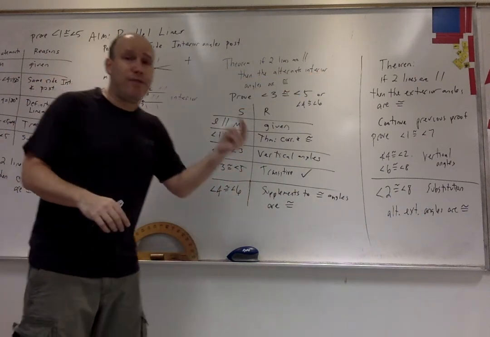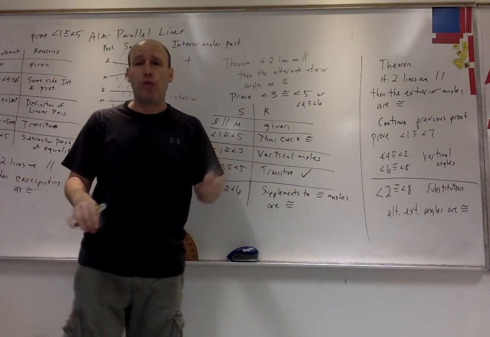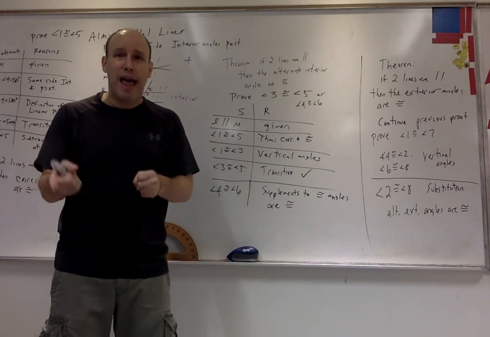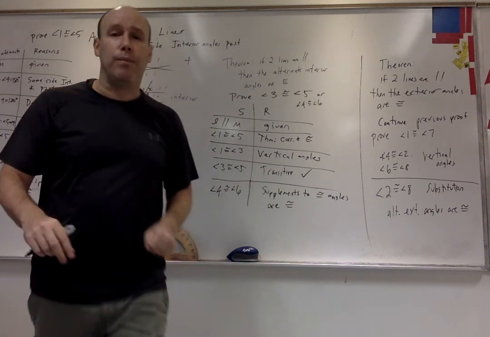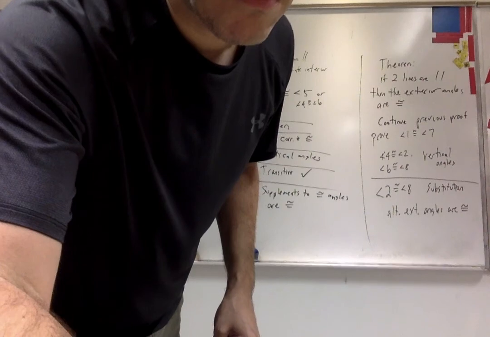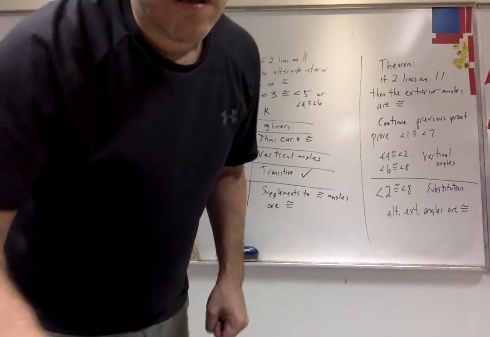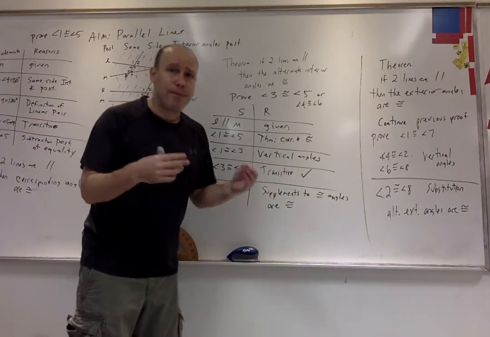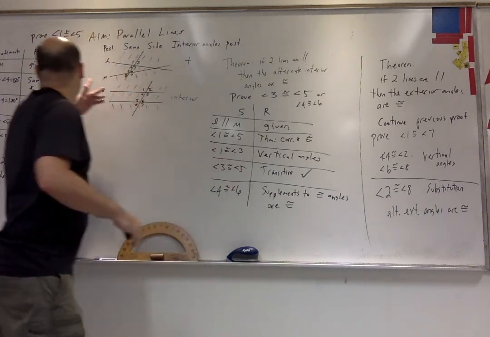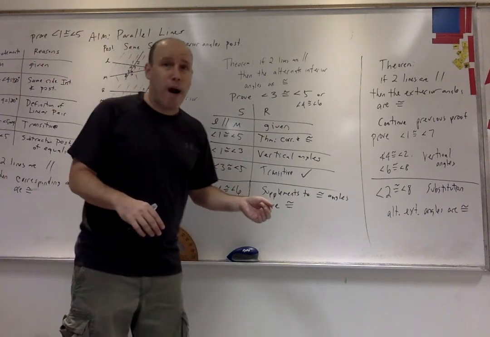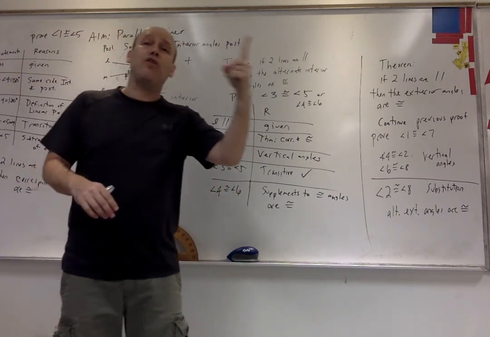From that, we can prove the converse of these 3 things. We can say if the alternate interior angles are congruent, then the lines are parallel. Sorry. From that, we can prove that if the corresponding angles are congruent, then the lines are parallel.